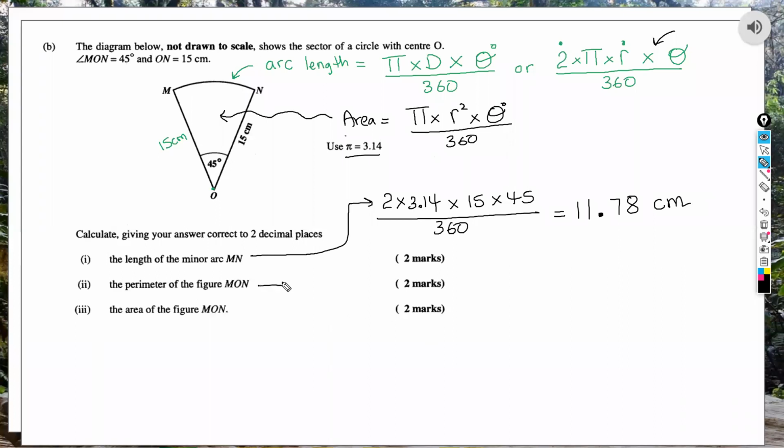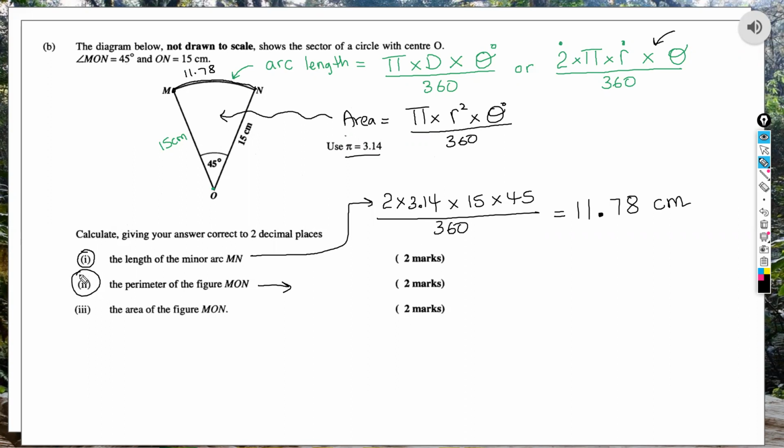Now the perimeter of the shape. Now remember, I think some people got tricked by this. In part 1, this 11.78 is only the curved distance. It's from M to N only. Now in part 2, they're asking for the perimeter.